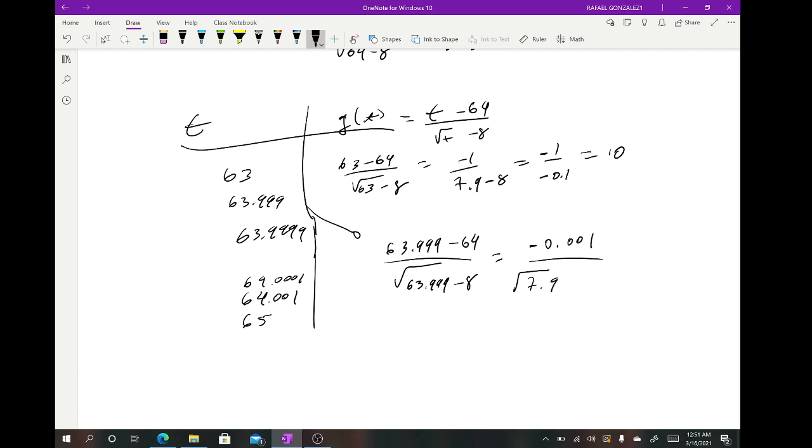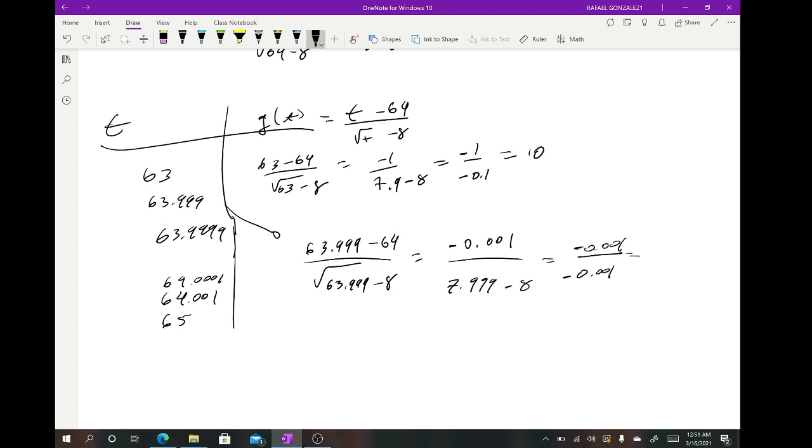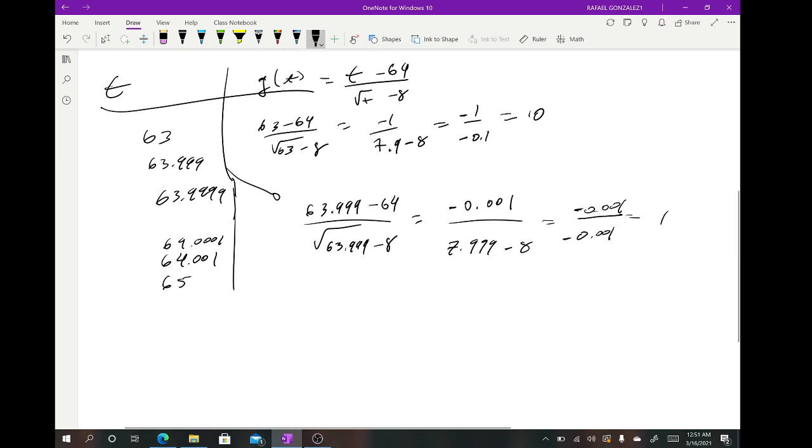I'm just rounding to the nearest tenth for the denominator. If you want it more accurate, it's going to be 7.9999, and then minus 8. So this is going to be equal to minus 0.001 divided by, again, minus 0.001, which looks like 1 to my eyes.